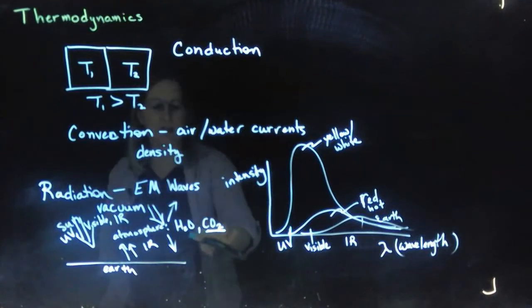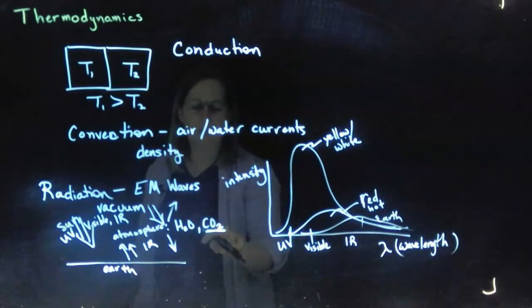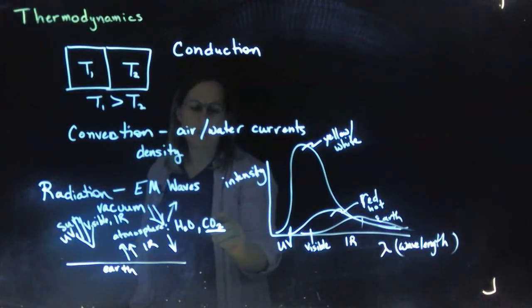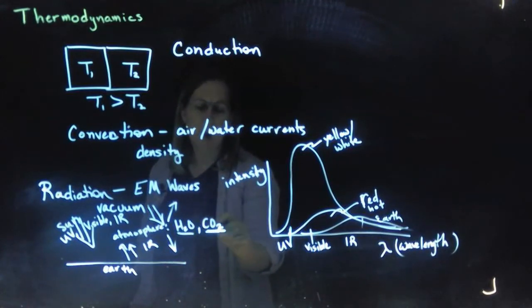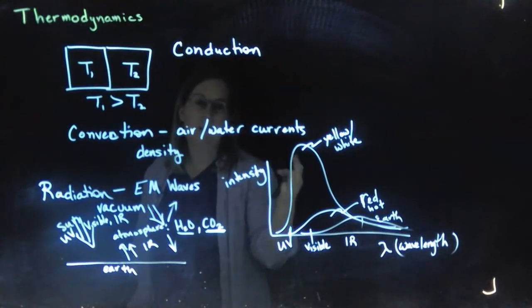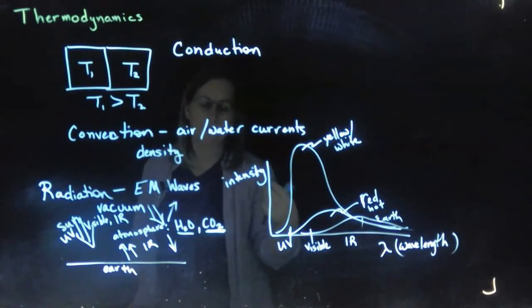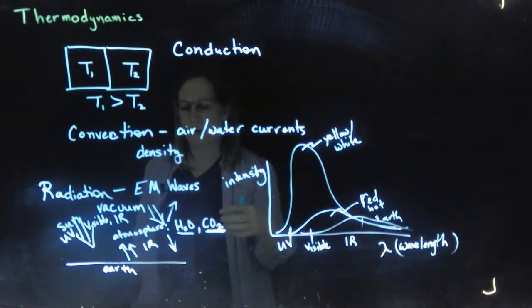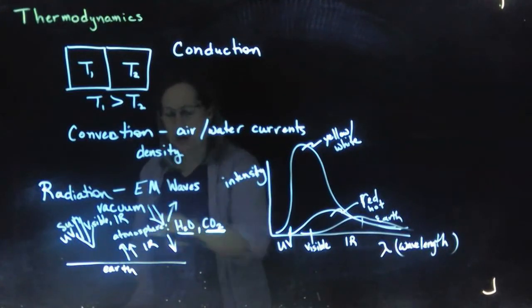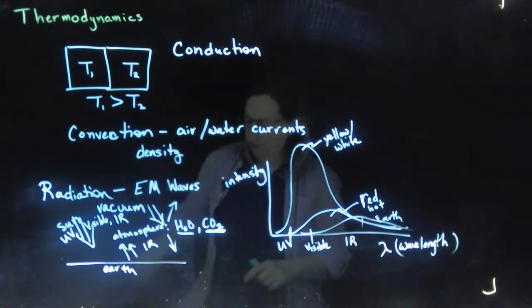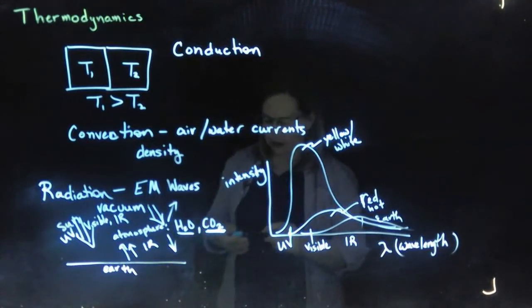So I just wanted to note that this does show up, and it's really about these molecules that won't let, sort of like glass, lets visible through, but doesn't let IR through it, and so that can heat things up. Okay, and that's our greenhouse effect.